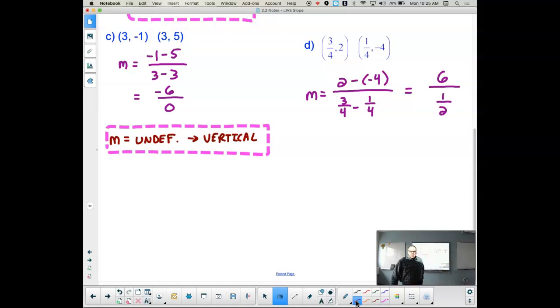Dividing by a fraction is the same as multiplying by the reciprocal. So this is the same as 6 times 2 over 1, which is 12. So the slope here is positive 12, and that one would rise to the right.